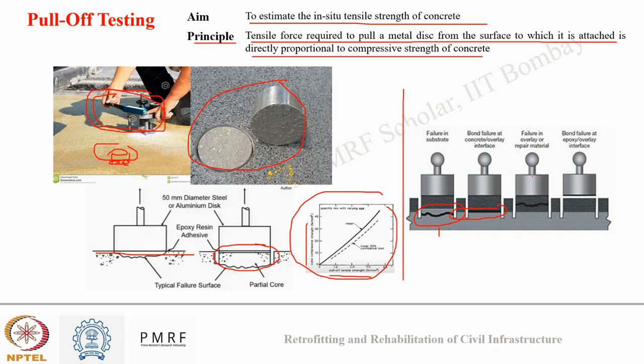Here the failure happened in the overlay material, which can be plaster, which says that the plaster strength was lower than the interface strength and the concrete strength. And here nothing failed, just the disk got removed, which shows that all the strengths are adequate. Okay, and just the bonding is proper and the materials are proper.